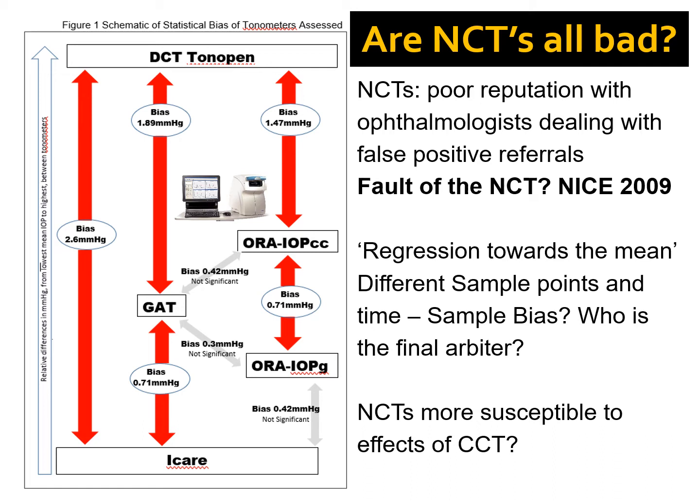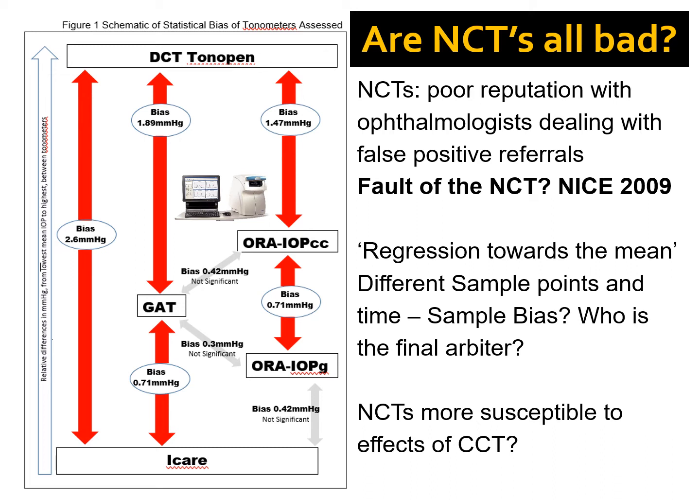If you look on the left-hand side here, this is a thing I did. And again, I stress the point, I wasn't making any assumptions as to what tonometer was better. I was simply comparing them all to each other, rather than just saying GAT to Aura or Aura to GAT or whatever it might be. I compared them all to each other and saw how much they biased and so on.